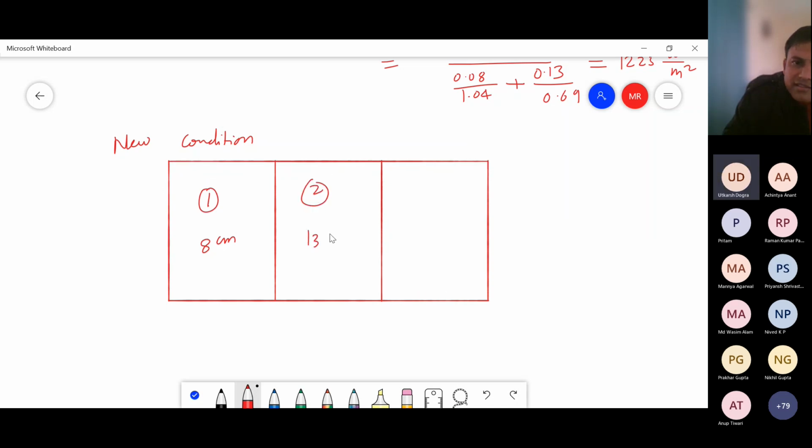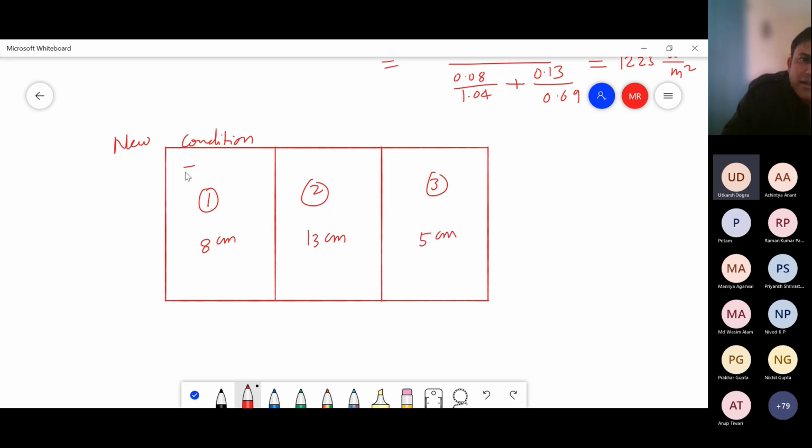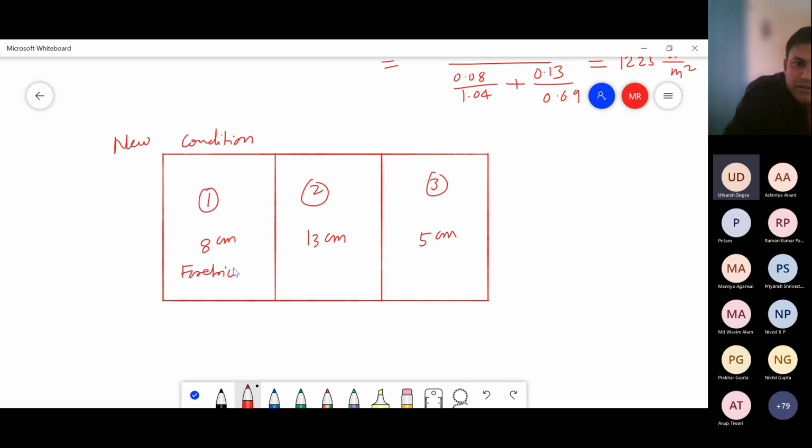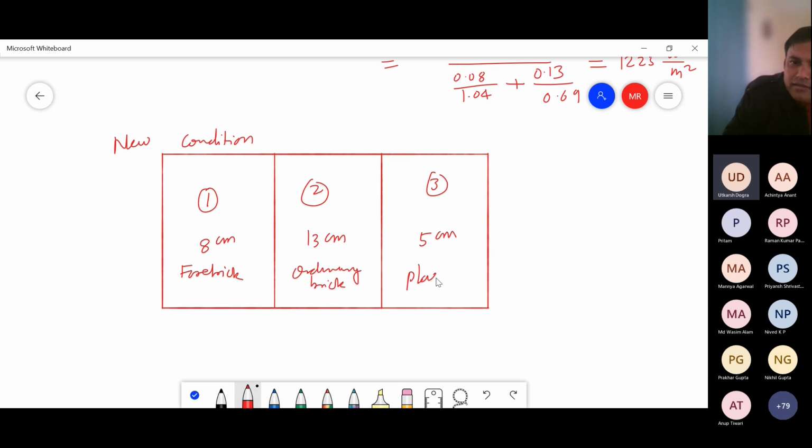This we had 13 centimeter, and the third layer again we have added as 5 centimeter. This is fire brick, ordinary brick, and this plaster layer.